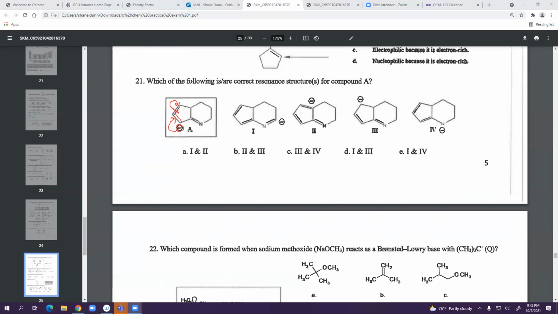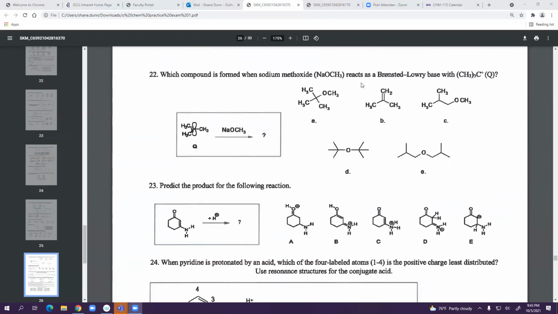Or I have the blue choice, which moves it here, breaks that and puts it on the nitrogen. Those are the only two options. What two options are those ones? Yeah, 4, 3. 21 is C. Or 3 and 4, whatever one makes sense. Okay.